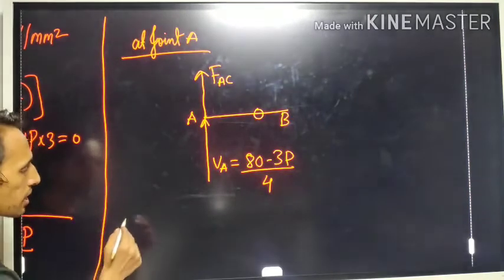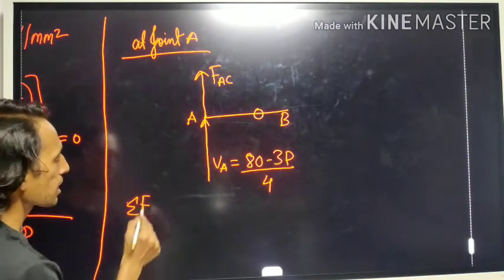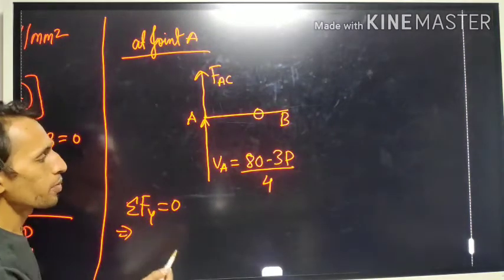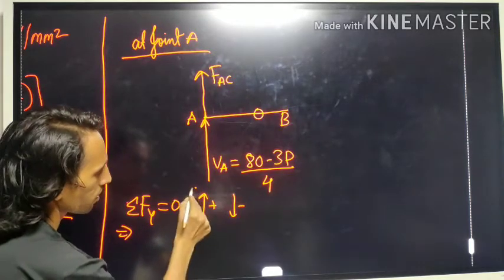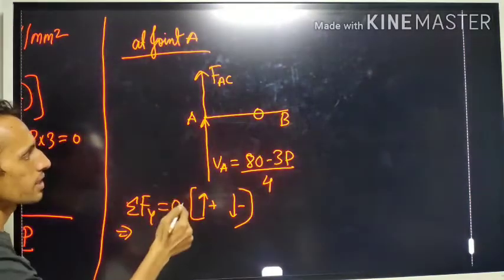Now apply the equation. I need to apply summation of forces in the vertical direction is 0, upward positive, downward negative. So let's apply this here.